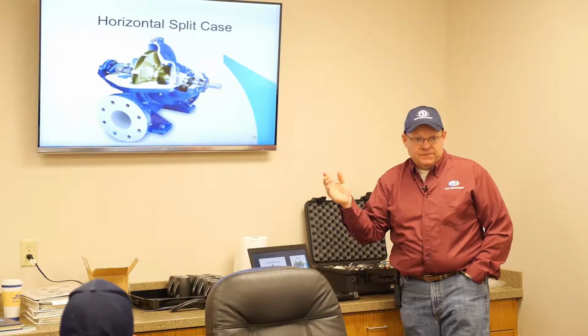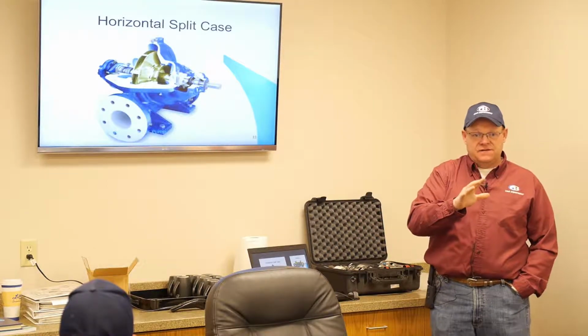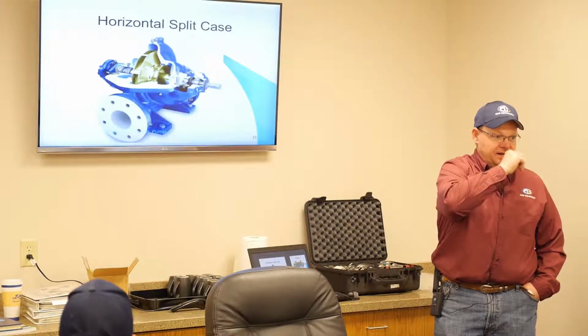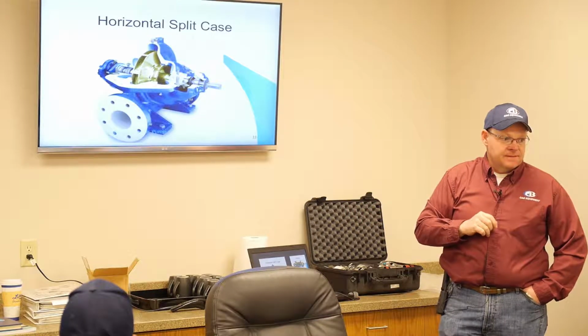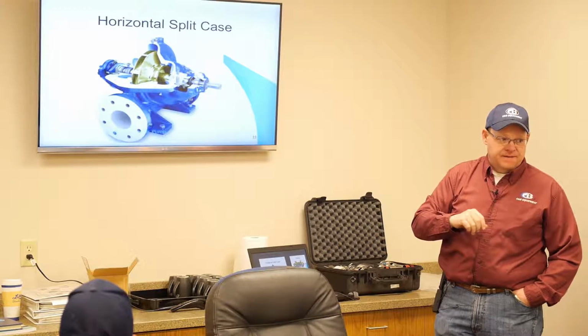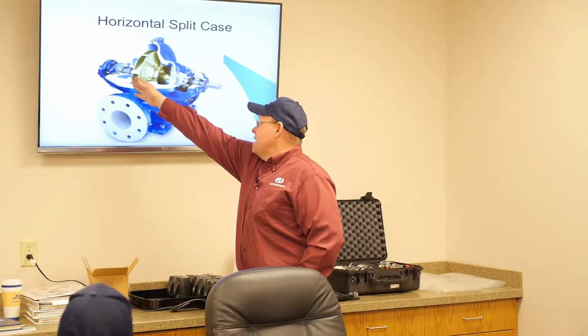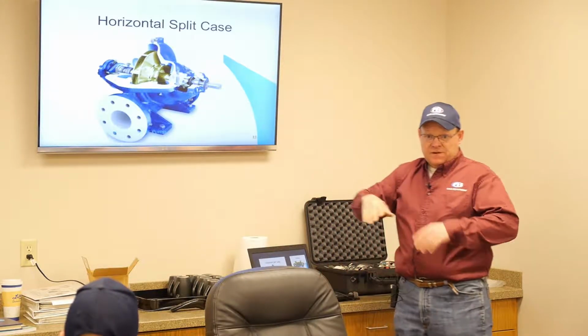Horizontal split. This is another centrifugal. What would be an advantage of that pump over the ANSI design? You'll understand this further as we go down. Basically, we've got a bearing on this side, a bearing on this side, impeller in the middle. We're splitting the load.